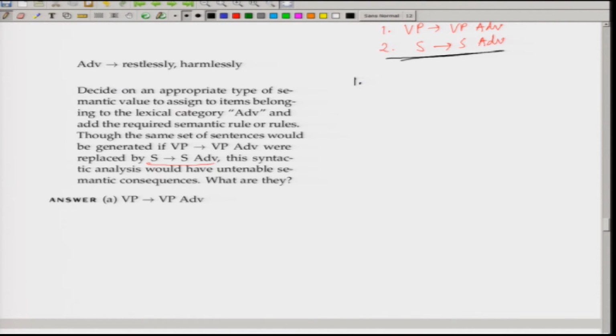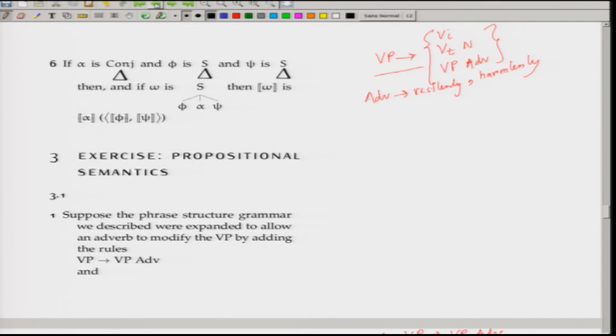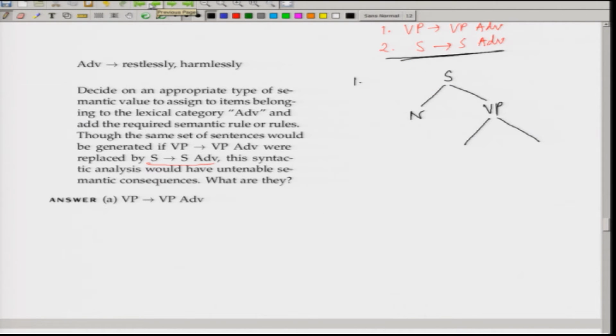We take the first one, which goes like this: S goes to N and VP. Now, VP can have three routes, as we have seen: VP can either go to VI, or it can go to VTN, or it can go to VP ADV. We just take the third route.